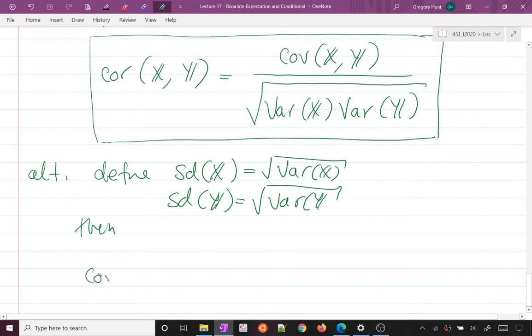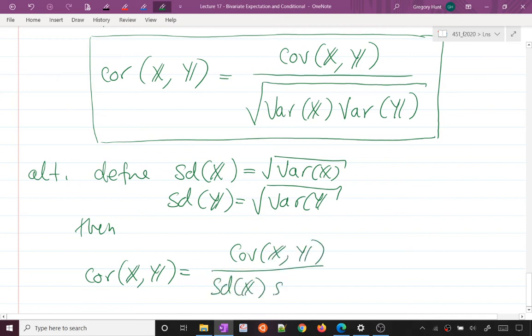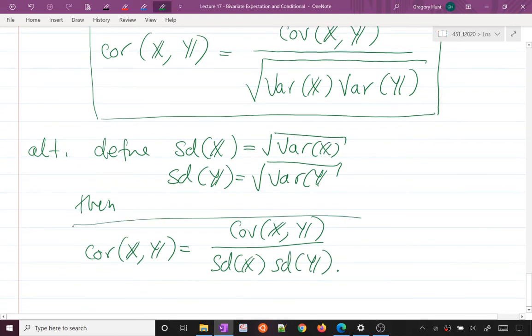So the correlation between x and y is just the covariance of x, y divided through by s dx times s dy. So that's an equivalent way. That's just defining the standard deviation to be the square root of the variances.